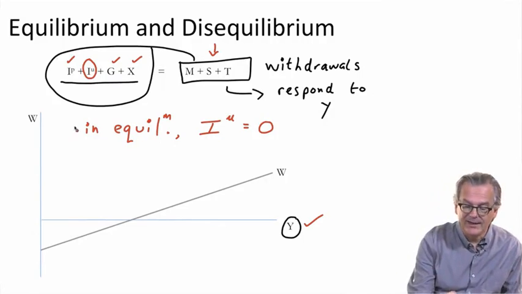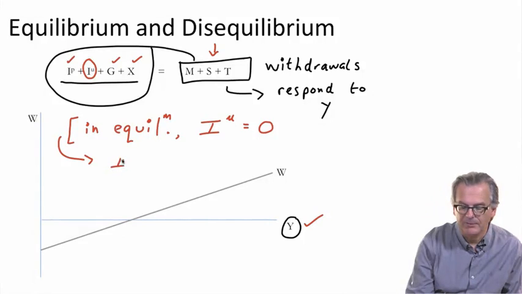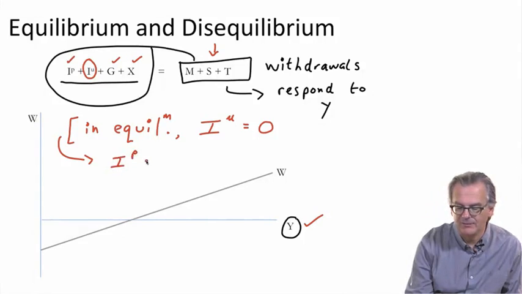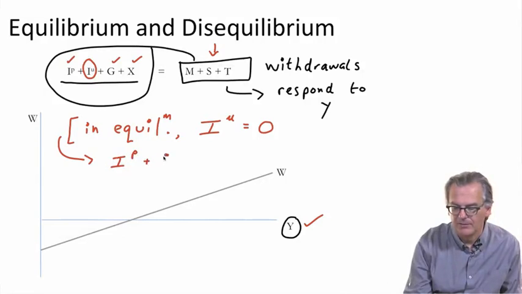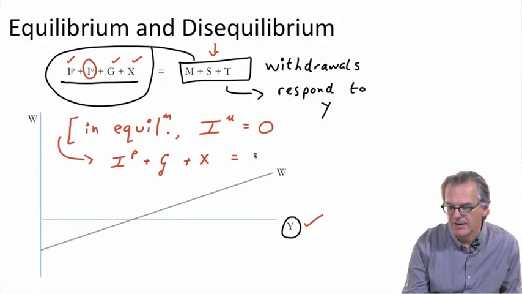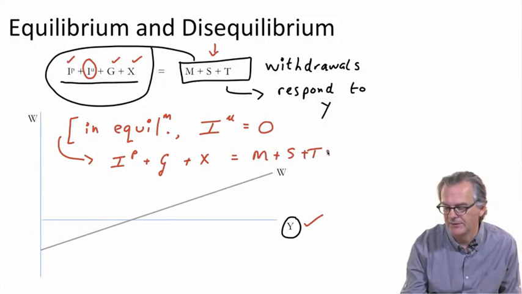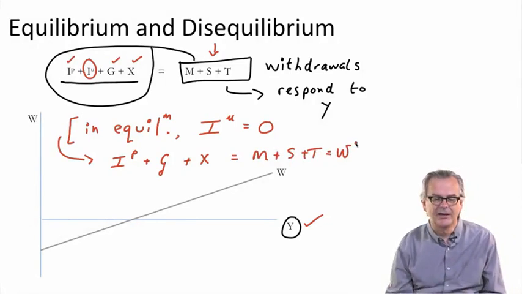Which means in equilibrium, and only in equilibrium, it must be the case that planned investment plus government spending plus exports equals imports plus saving plus taxation, which are our withdrawals.